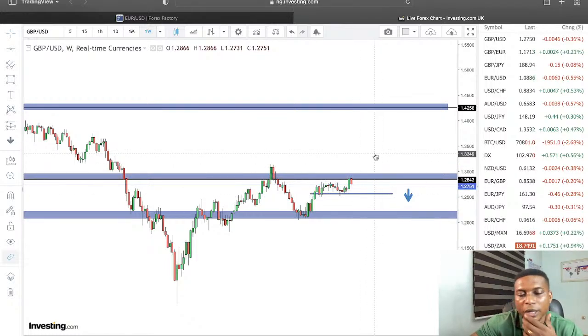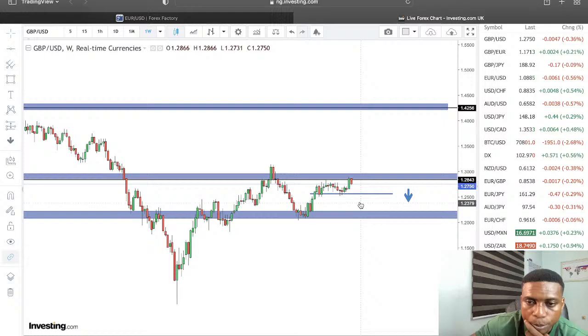What would then trigger a buy position would be seeing price break out of this supply zone. Price breaks out of here and then we want to buy up to this level.